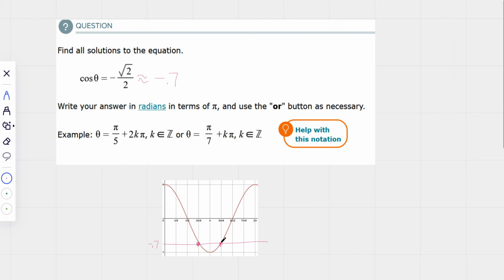If you were looking for the answers within one rotation of the unit circle, or it says find all the answers from 0 to 2 pi, then your answers would be 3 pi over 4 and 5 pi over 4.